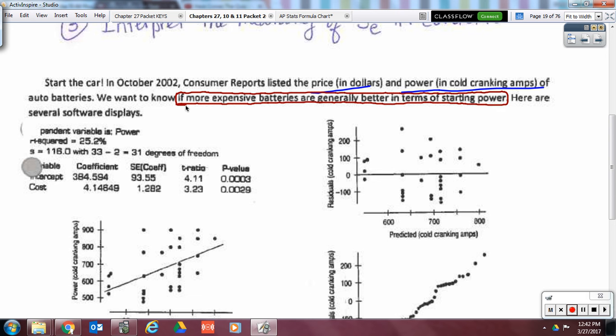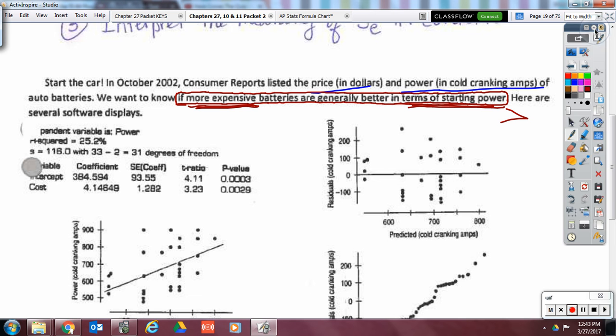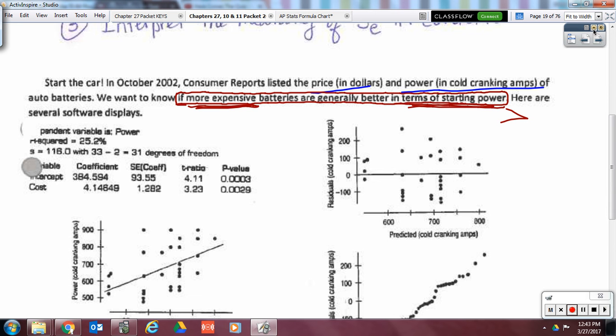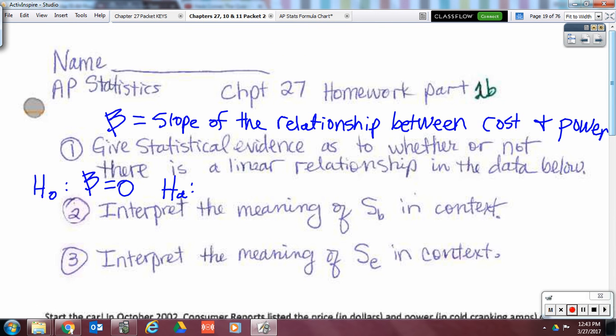So what if higher cost means higher starting power? What is that kind of relationship? Not just not equal to, but what? Yeah, positive. As you get bigger in the X direction, you get bigger in the Y direction. That's a greater than, so that's a positive slope. So I'm going to go with the fact that the wording here asks to see if the slope is positive.